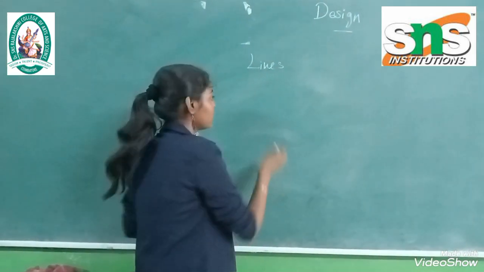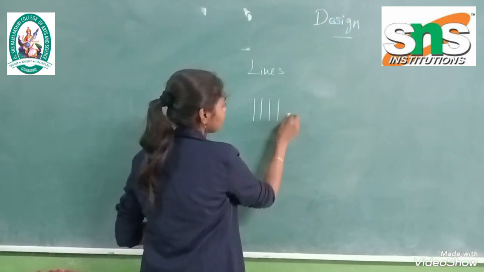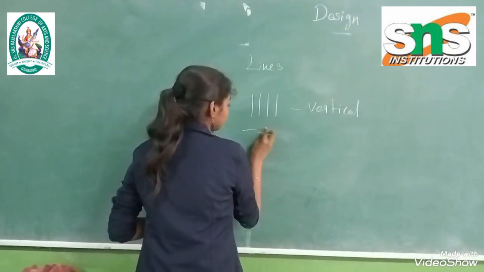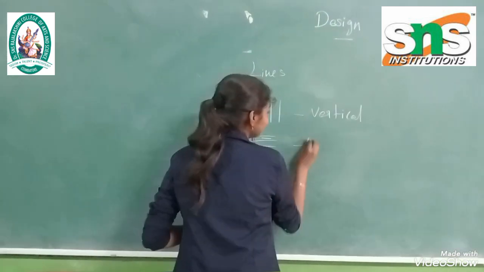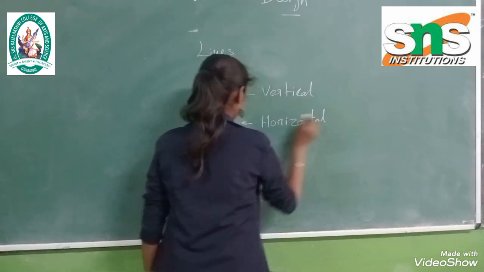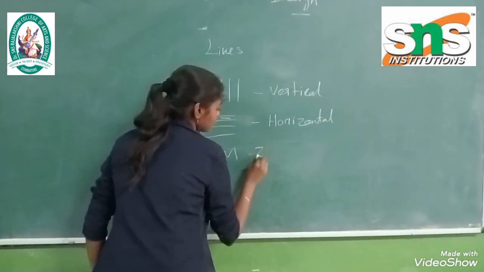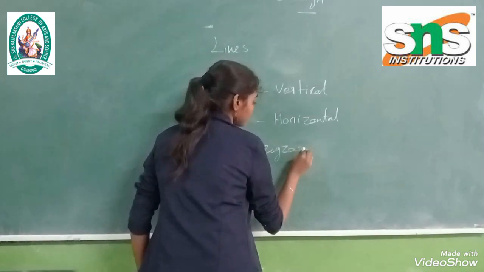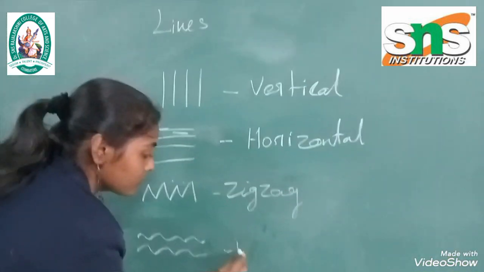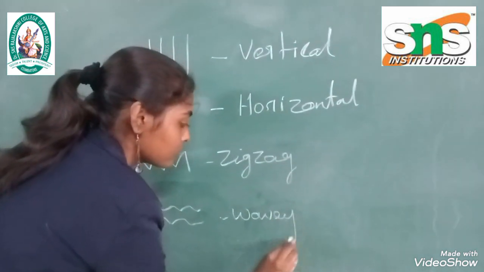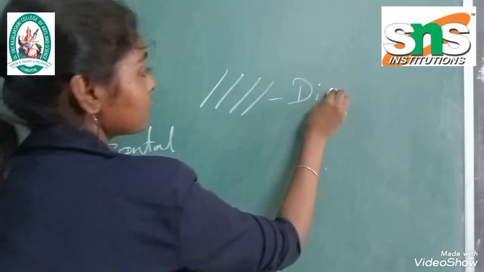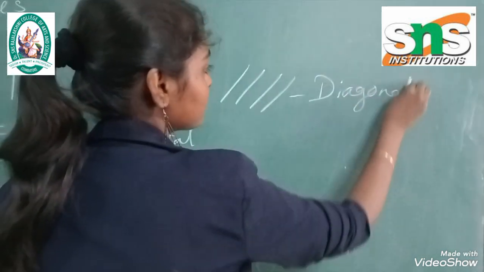The types of lines are vertical, and so on.